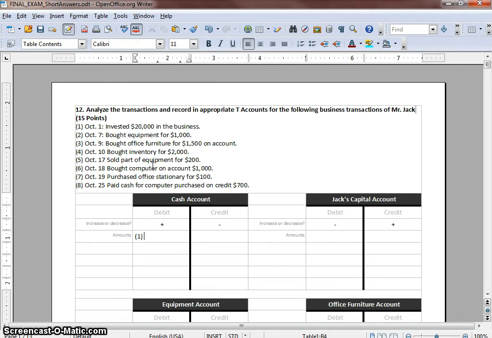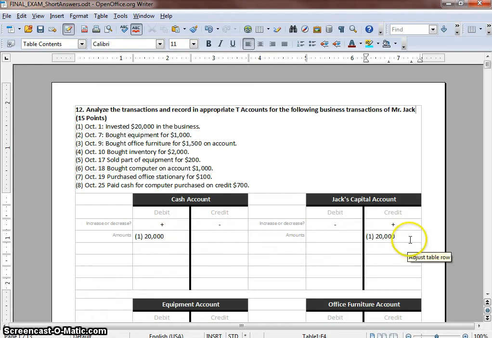That's going to increase my cash by $20,000, and like you had in your answer, it's going to increase our capital account by $20,000. Okay, and that's number one.